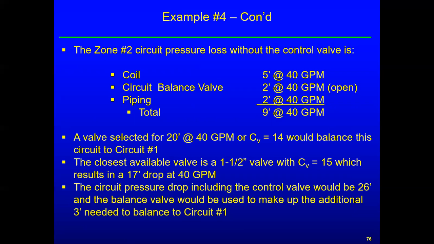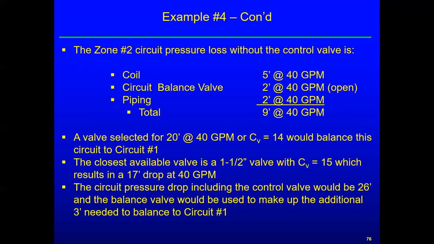Okay, so if you shoot for the 20 foot, let's run that back through the equation. 20 foot divided by 2.3 is about 8.7 PSI. If I take the square root of that, I get 0.29488 store 1, and that's at 40 GPM divided by that is about 13.6.